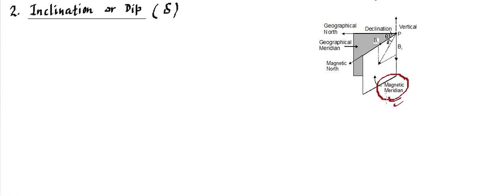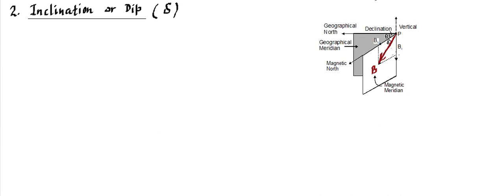The magnetic field will be in this plane. So let's say the net magnetic field that we were talking about is in this plane, and this is the net magnetic field. If this is the net magnetic field that is in the plane of the magnetic meridian, we can go forward and define what this inclination or dip is.